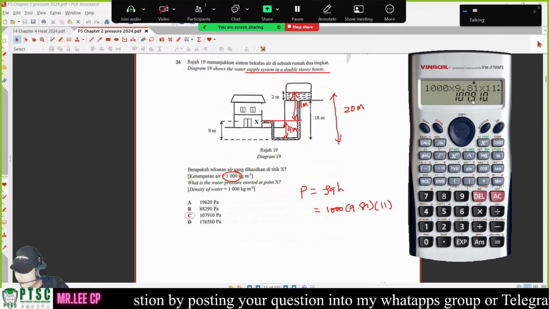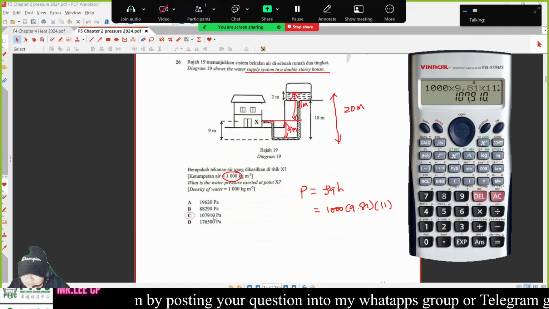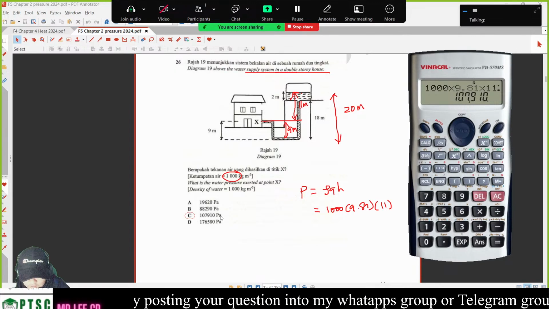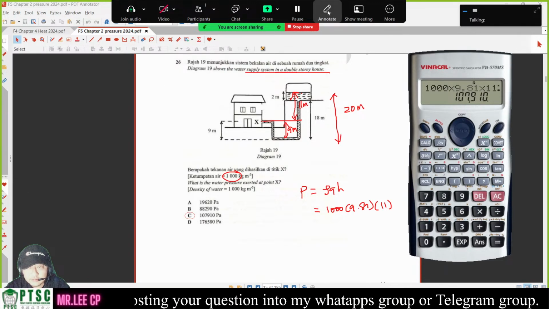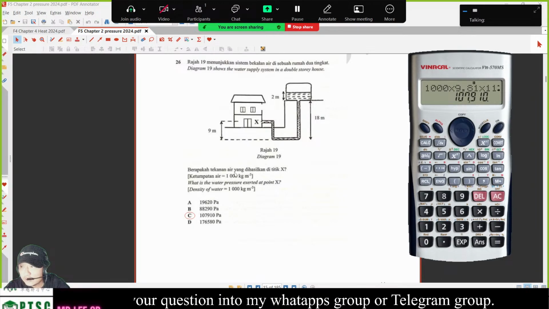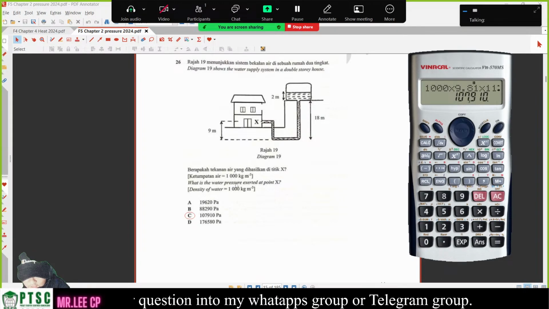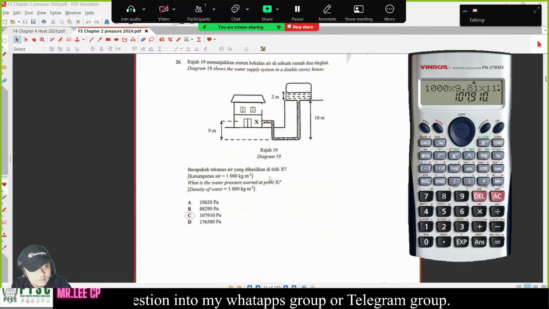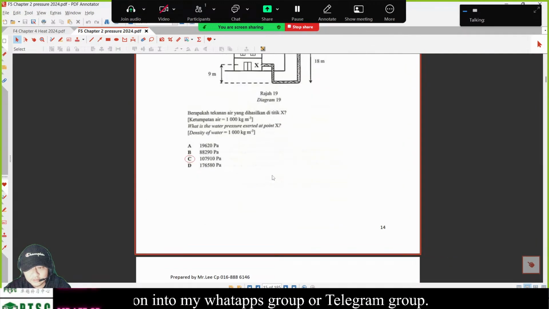So you get 107910. This is your answer. This is how we do it. This question is correct. They said water pressure. If they said what is the pressure, then they have to give you atmospheric pressure.